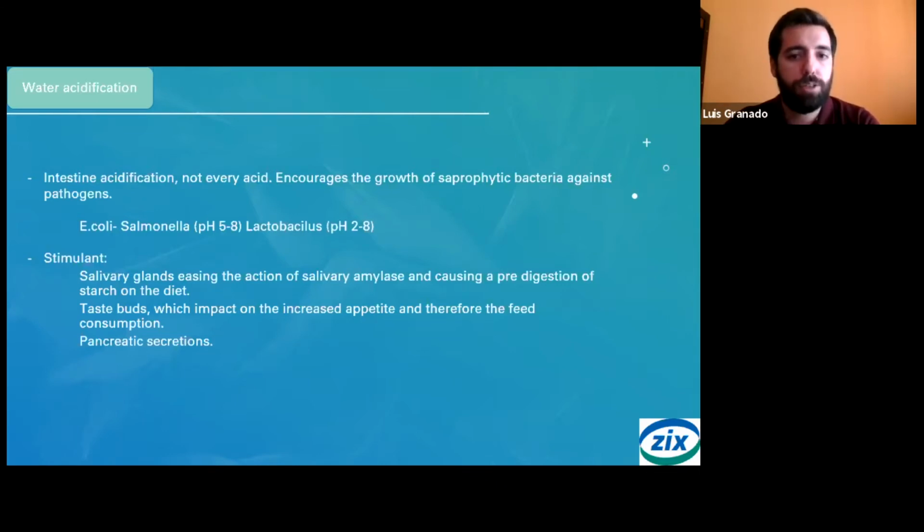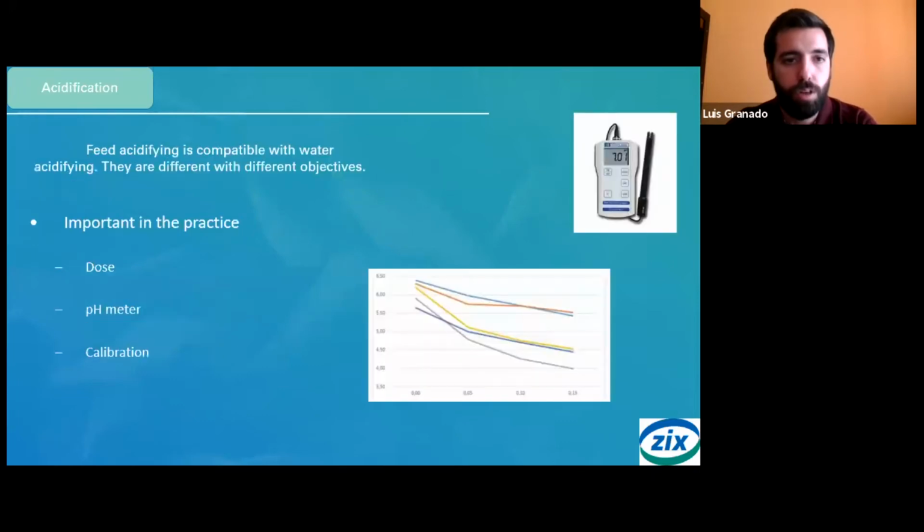Apart from that, acids work as stimulants for salivary glands, taste buds, and pancreatic secretions, right? And that will help the overall digestive process. So basically, acidifying the feed doesn't exclude acidifying the water, okay? If you add acids into the feed, but then when the feed is ingested, it gets mixed with an alkaline water, then we can have a buffer effect from the water, and we would be losing all the benefits of these acids added into the feed, okay?